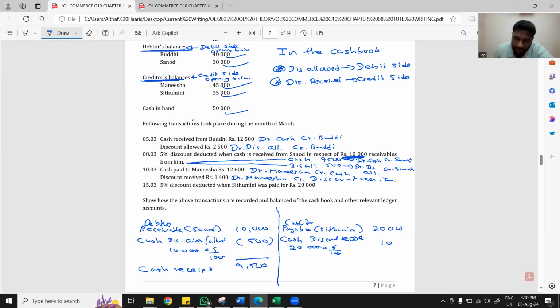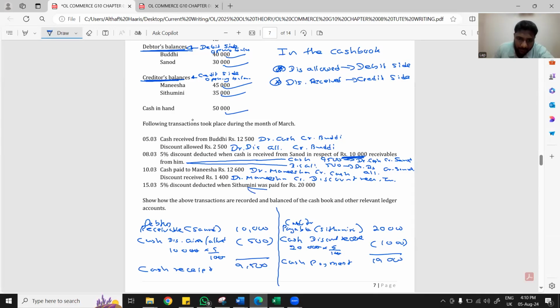Then here 1,000 reduction. Then cash payment only 19,000.